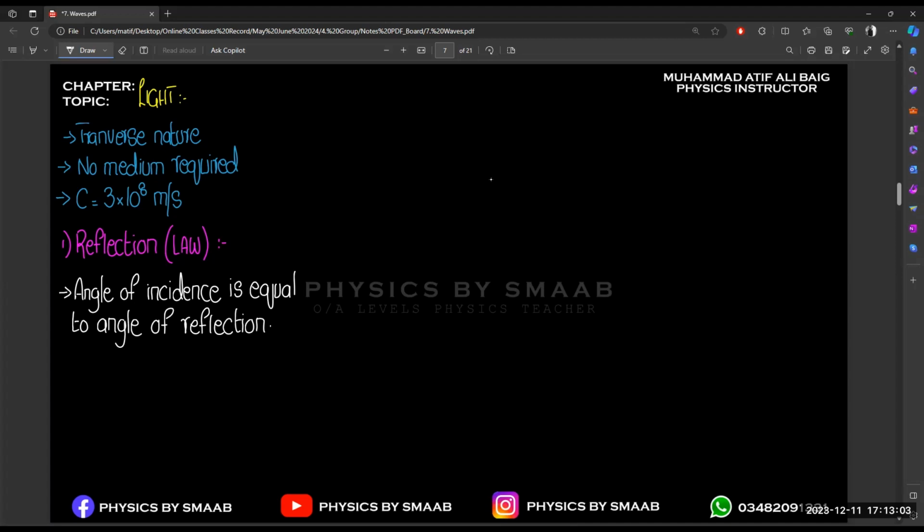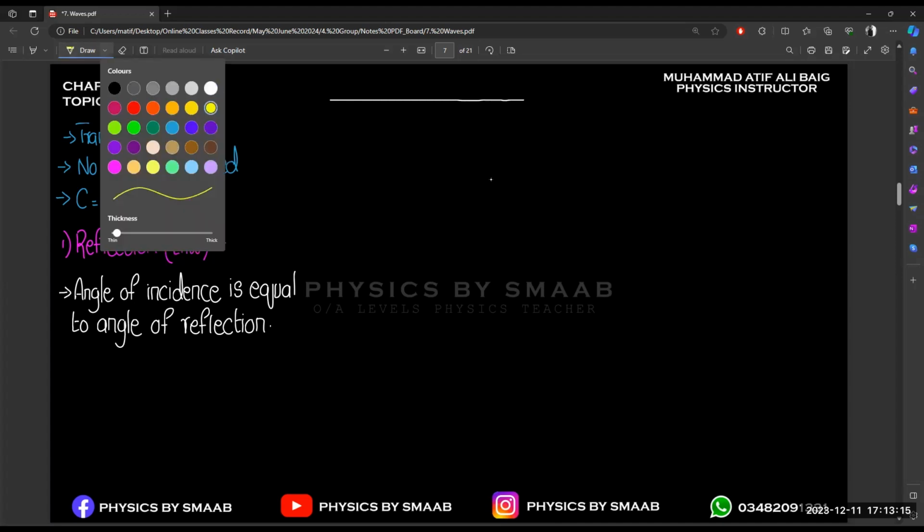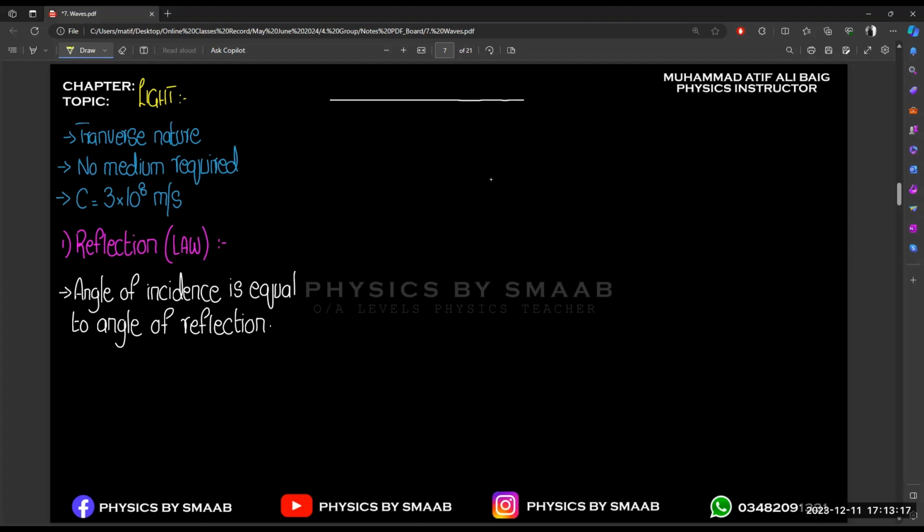And again, if we consider the reflecting surface, let's suppose we have a reflecting surface and light strikes from one side. We consider any random angle for the angle of incidence. Let's suppose this is the angle of incidence. And first of all, we have to draw a normal line.